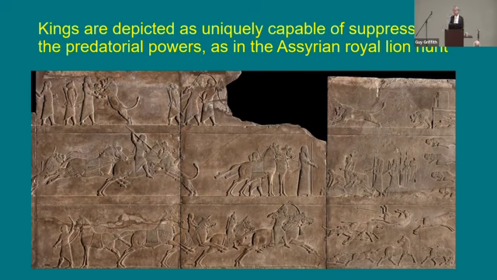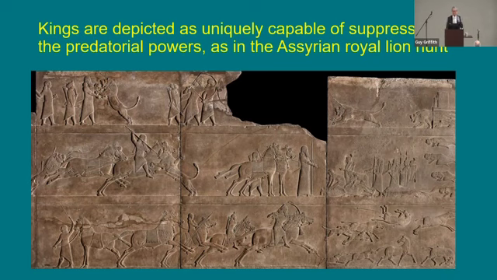And so the Assyrians had staged lion hunts. This image here is a famous lion hunt by the Assyrian king Ashurnasirpal. You can tell it's staged because the lion is in a cage. You see that? So they bring the lion in a cage and then release it so that the king can shoot at the lion and say, see what power I have over chaos.